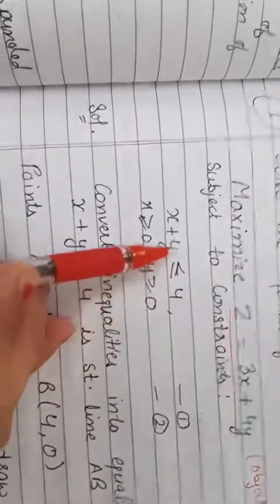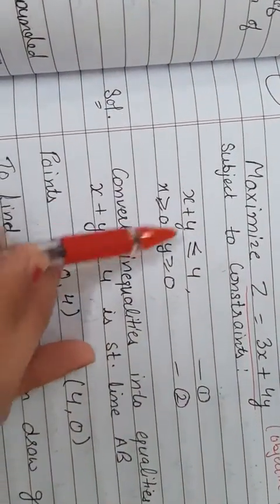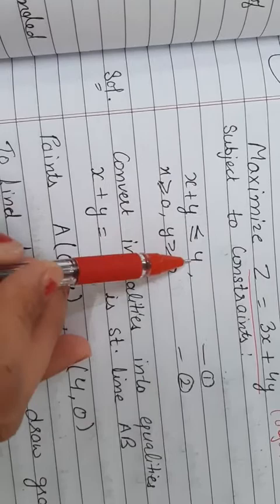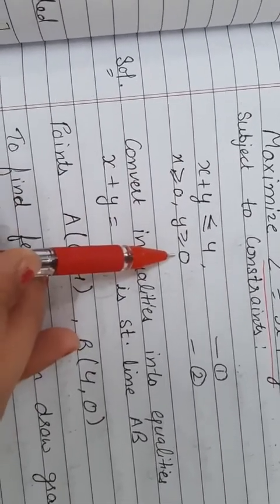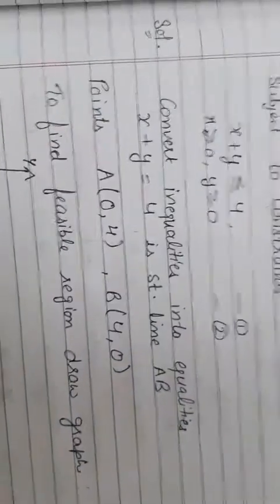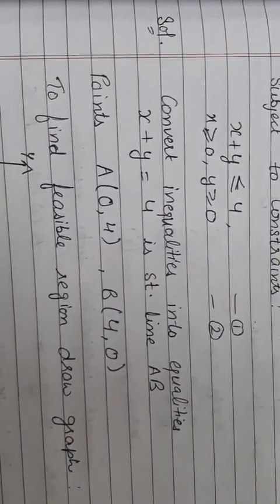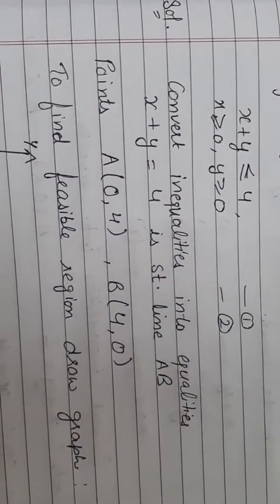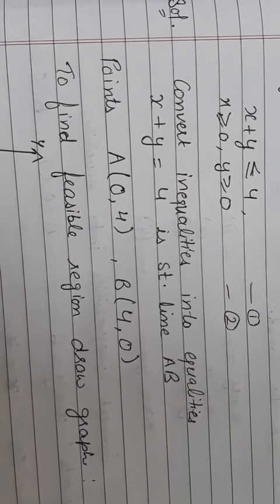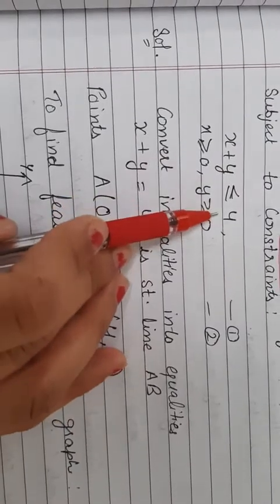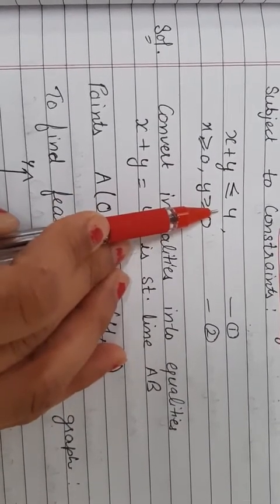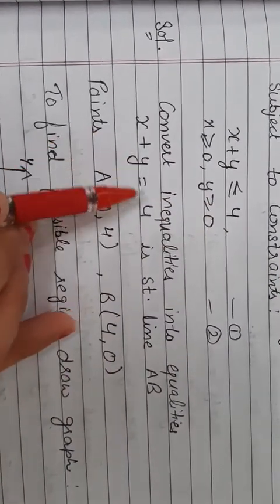So here are the constraints: x plus y less than or equal to 4, and non-negativity restrictions are also there. So how to solve these questions? Firstly, you have to convert the inequalities into equalities. So I converted here, x plus y less than or equal to 4 is there, but I have written x plus y equals 4.